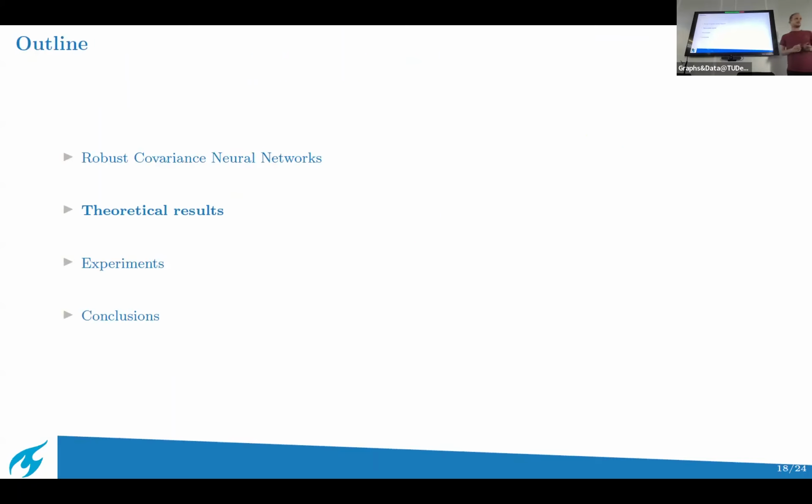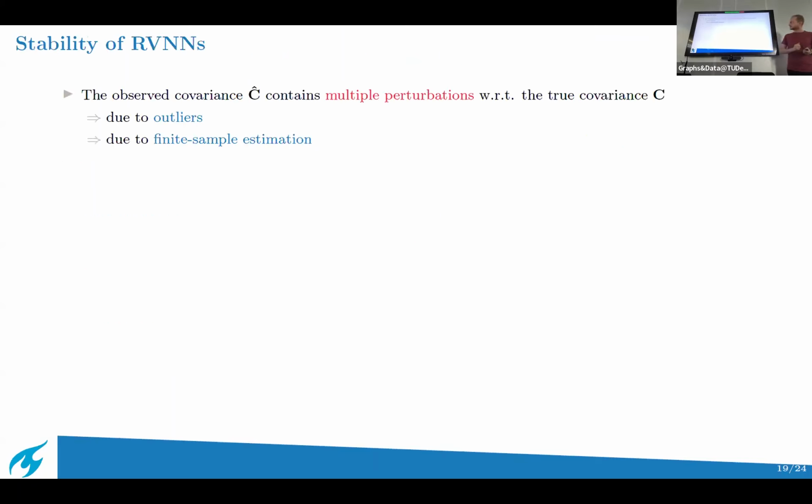We can have some theoretical analysis of this model by looking at what kind of perturbations this covariance matrix that we are using faces. In particular, we have two. There is one perturbation due to the outliers, which is what I discussed before, so we model it as one low rank term, one sparse term.